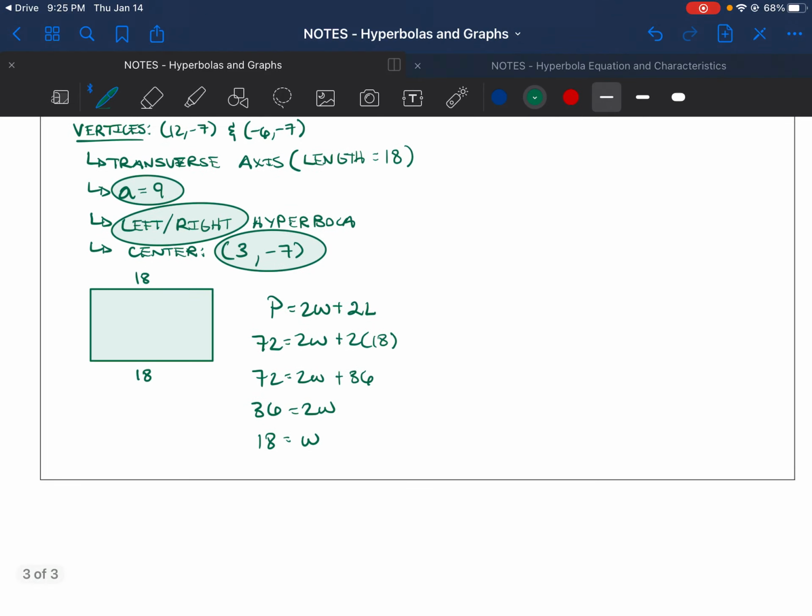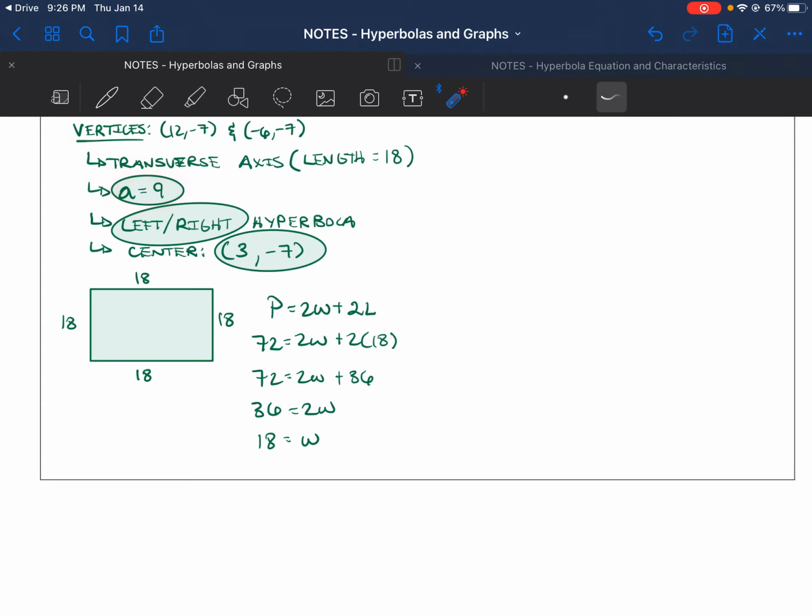Now, thinking about the central rectangle, what this is really telling us is that all sides of the central rectangle are 18. And you could calculate, if you added 18 4 times, you would definitely get 72. And remember that, thinking about a central rectangle, the center to the sides give us the A and B term.